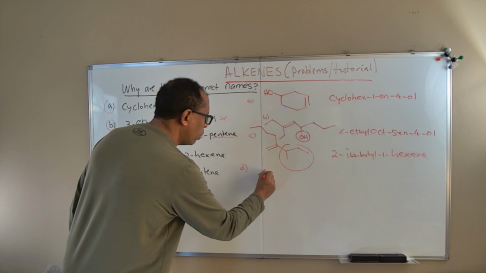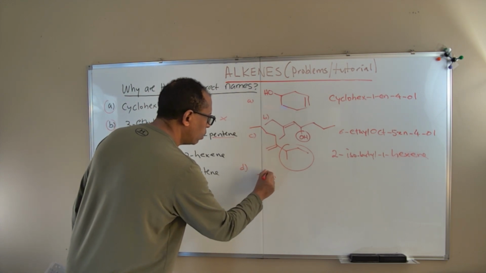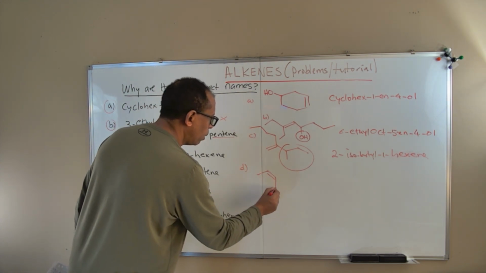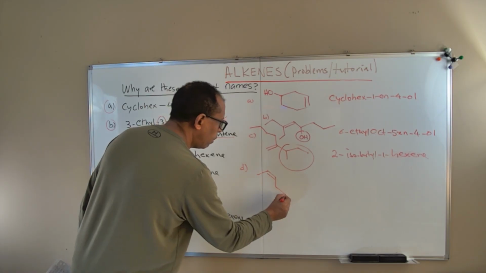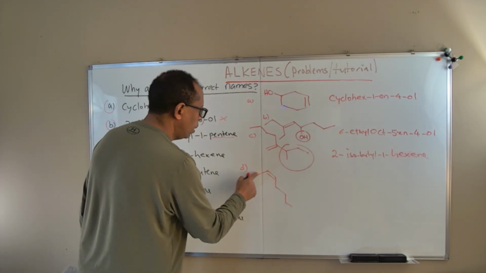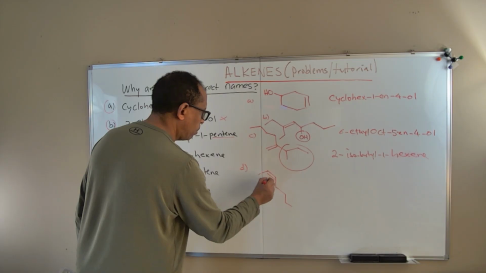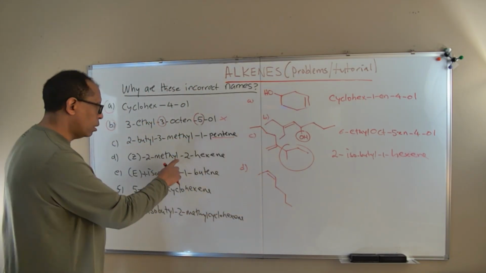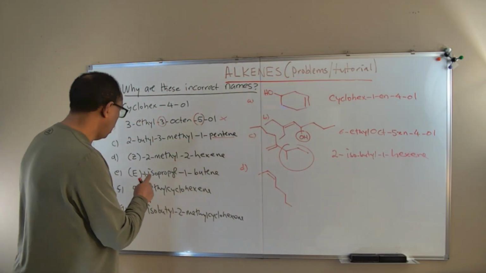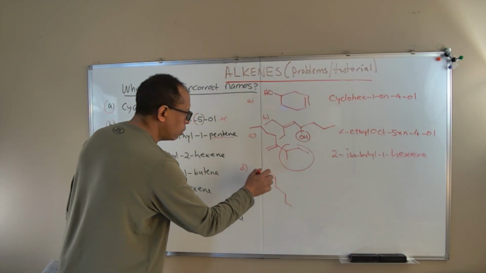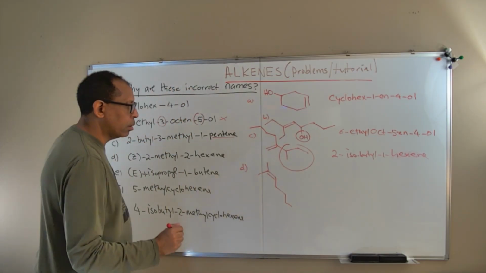Let me put 2-hexene as a Z, 1, 2, 3, 4, 5, 6. So it is Z at this position, and it is 2-hexene, and 2-methyl, 1, 2. So this would be a methyl group.